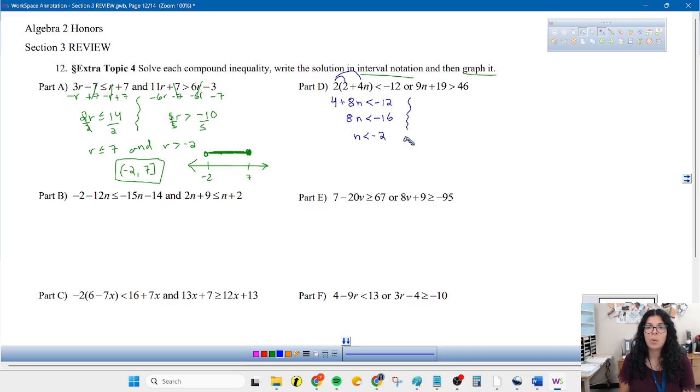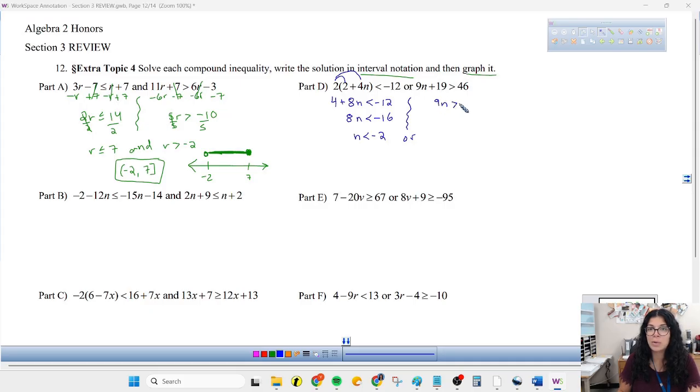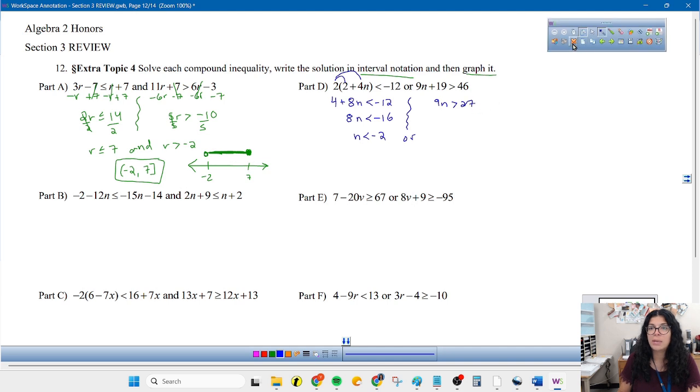The word in the middle here is "or". And then for the inequality on the right, start by subtracting 19. And 46 minus 19 is 27. So we get 9n is greater than 27. And then divide by 9. 27 divided by 9 is 3. So we get n is greater than 3.